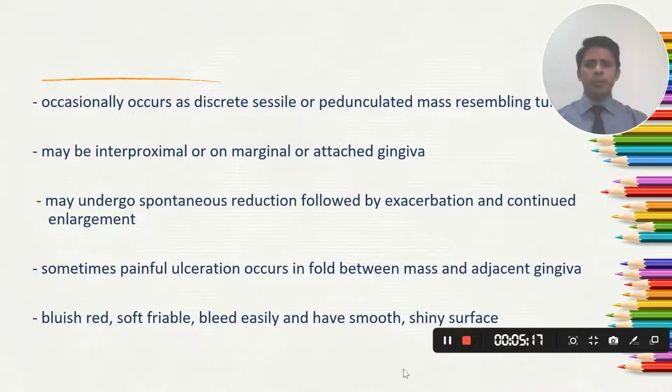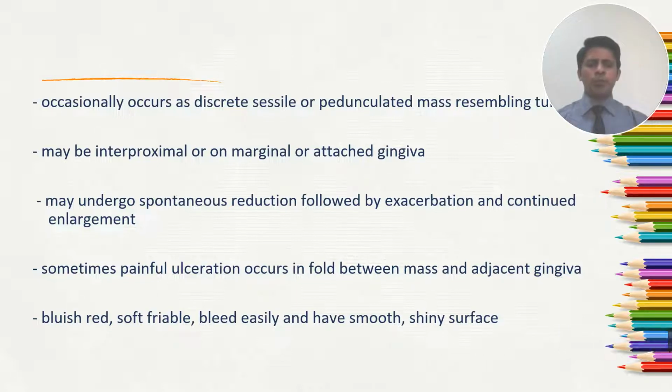It may be interproximal or on marginal or attached gingiva, and may undergo spontaneous reduction followed by exacerbation and continued enlargement. Sometimes it is painful due to ulcerations that occur in the folds between the mass and adjacent gingiva. It may be bluish red, soft, friable, bleeds easily and has a smooth and shiny surface.